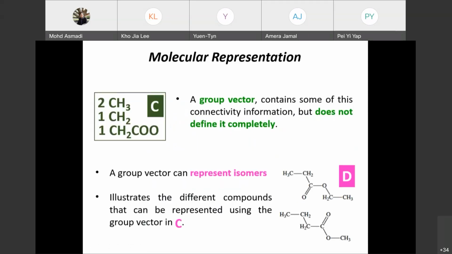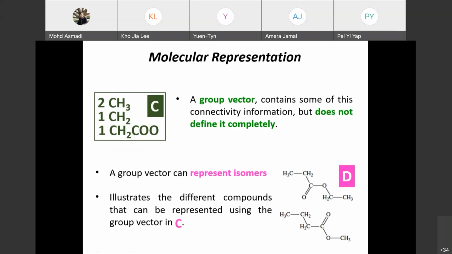The third type, and the fourth, is C and D. Here is a group vector. A group vector contains some of the connectivity information, but does not define it completely.